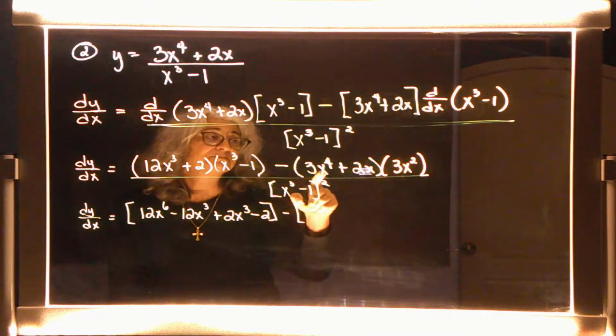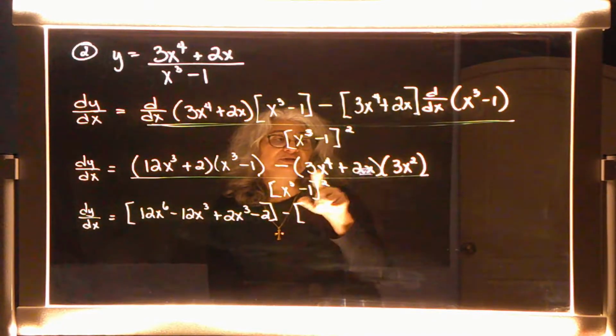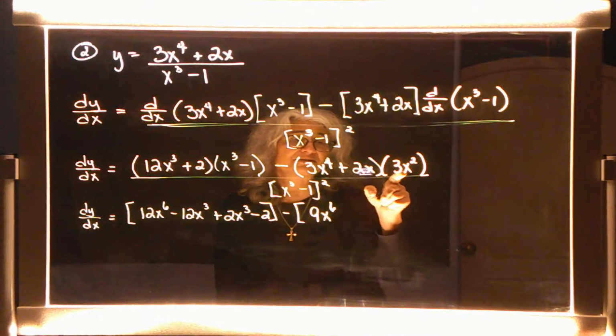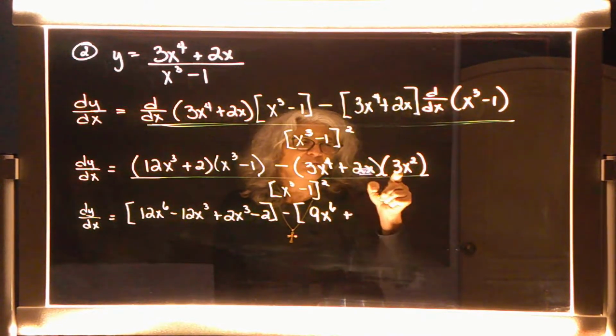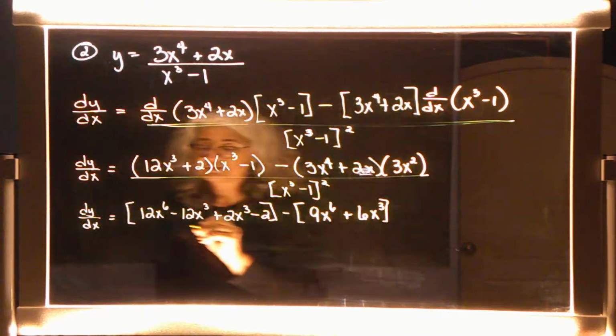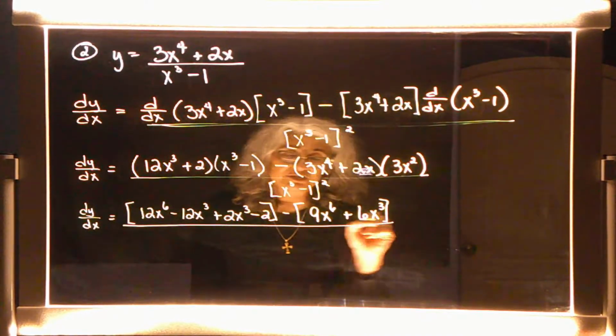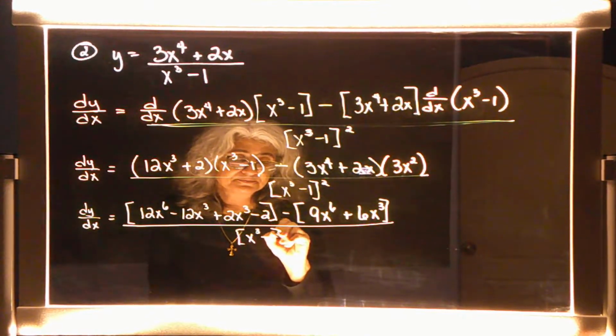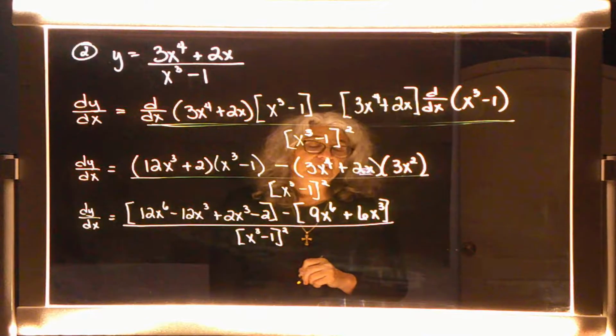Minus. This distribution looks like 9x to the power of 6 plus 6x to the power of 3 all over your denominator squared. Are you with me? Okay.